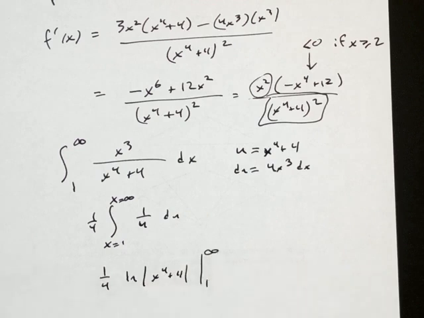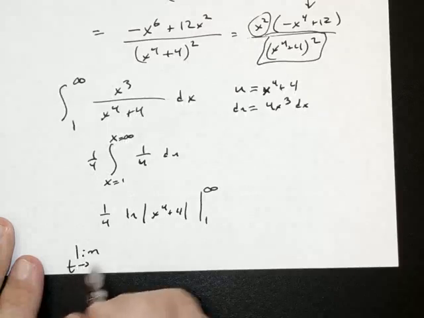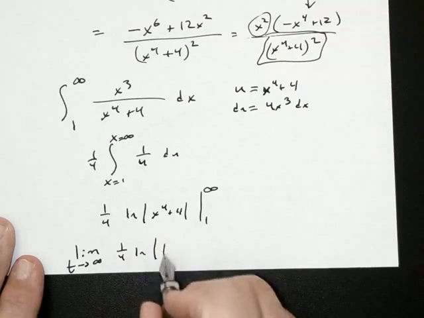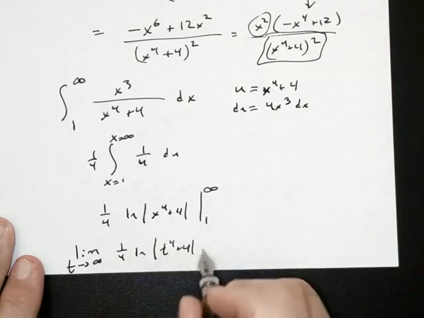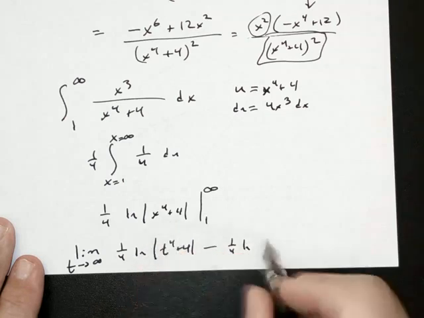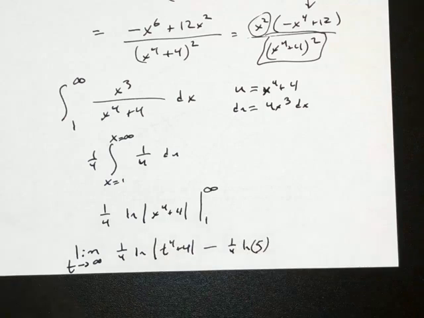Let's put the limits in, right? So this is the limit as t goes to infinity of 1/4 ln of t to the 4th plus 4, minus 1/4 ln of 1 to the 4th plus 4, which is ln of 5. What happens to this ln?